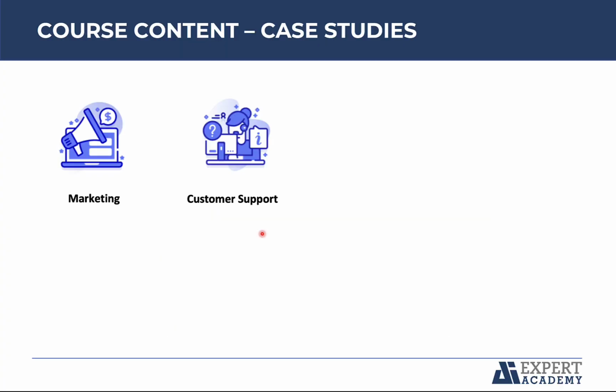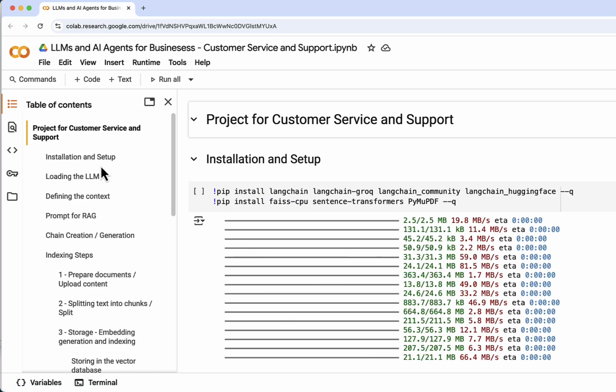The second case study is about customer support. In this project, we will simulate the customer service of a digital bank, where the user can ask specific questions related to their account.